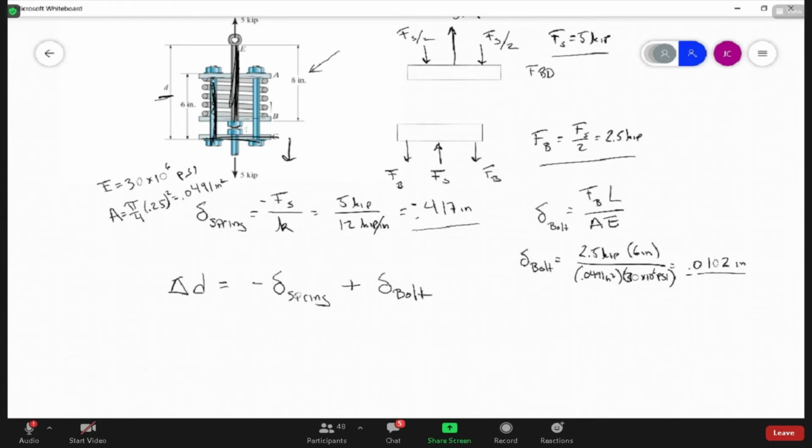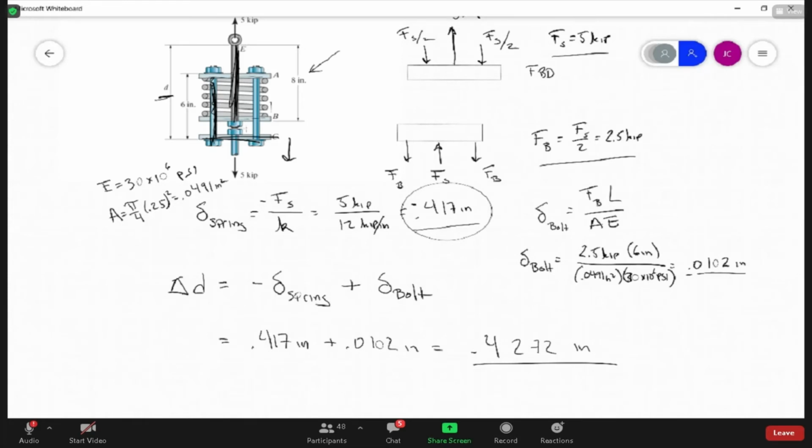Two things are changing, but you fix one and figure out how much D changes due to that factor, then do the same for the other factor, and then you add them together. So it's going to be minus the elongation of the spring, which is negative, so 0.417 inches, plus the bolt, which is 0.0102. If you add them together, that is the correct answer: 0.4272 inches, positive. That's how much D changes.